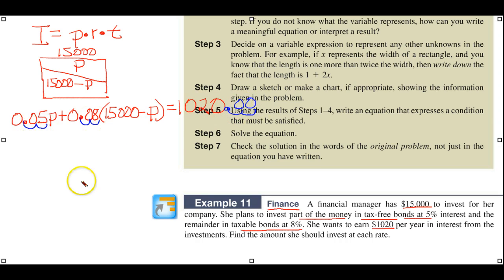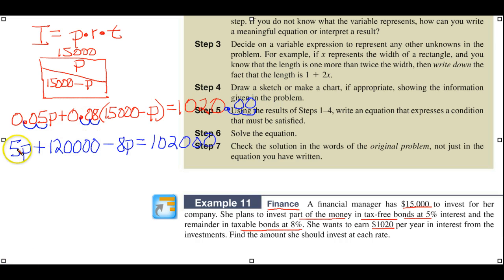So now I rewrite my equation. I get 5p, then 8 times 15,000 gives me 120,000. 8 times a negative p gives me a negative 8p equals that. Now I'm going to group like terms, and I get on this side a negative 3p.